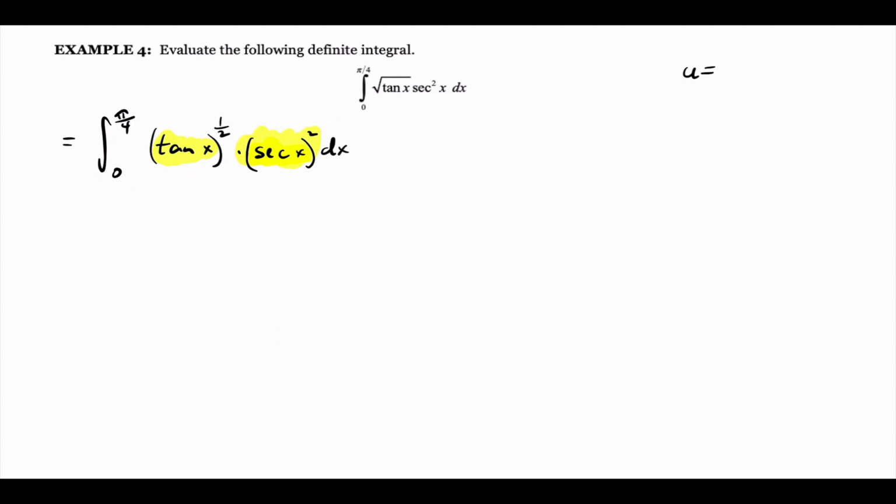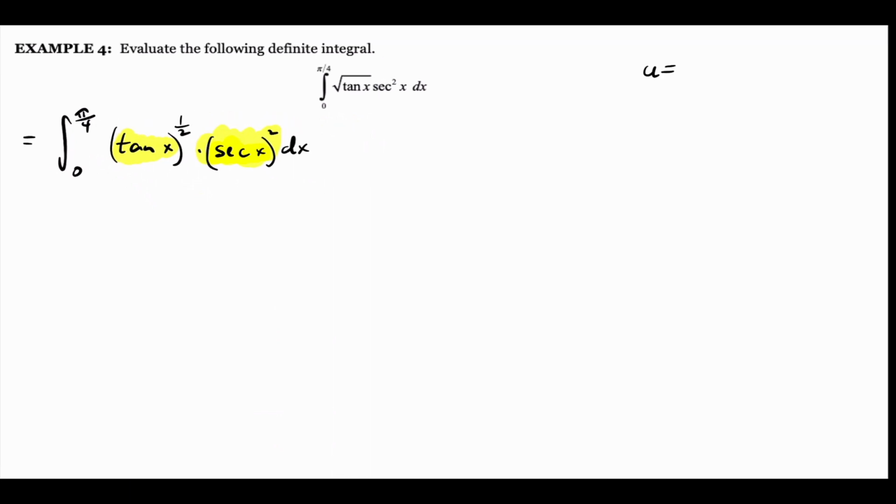Well, that would be great, except I don't have a secant tangent anymore. I have just a tangent. So that will be a little trick to use. But like I said, if not, trial and error.